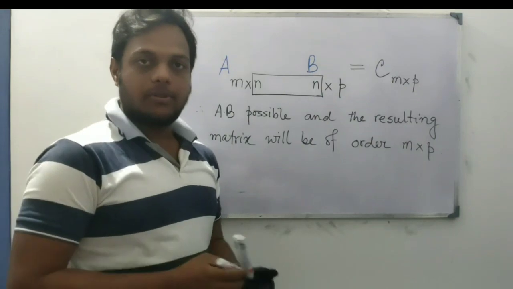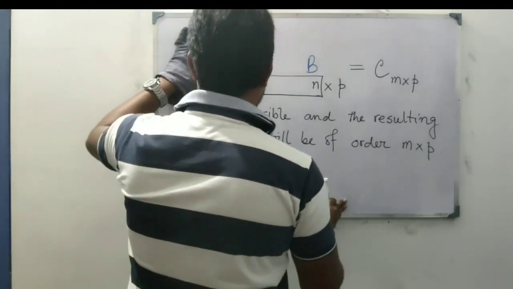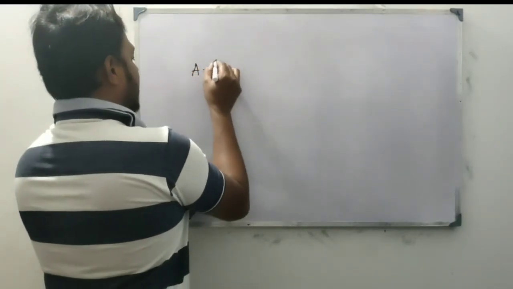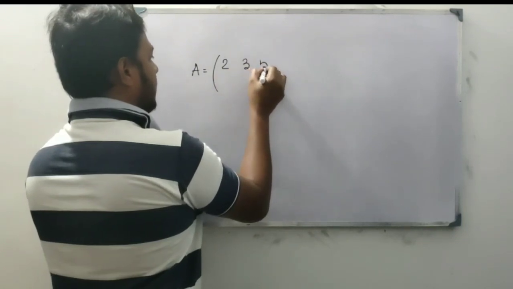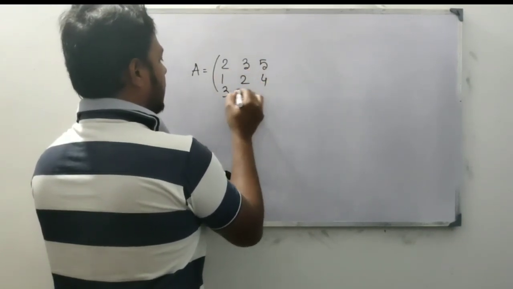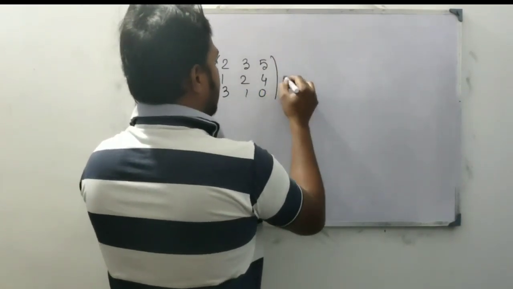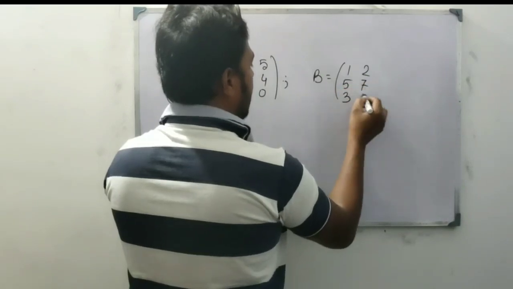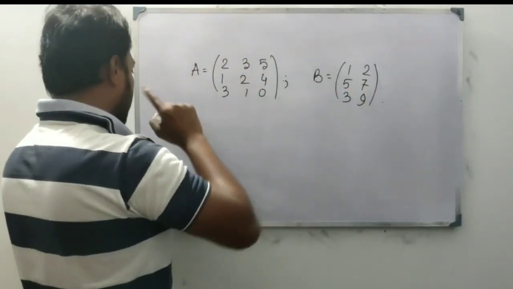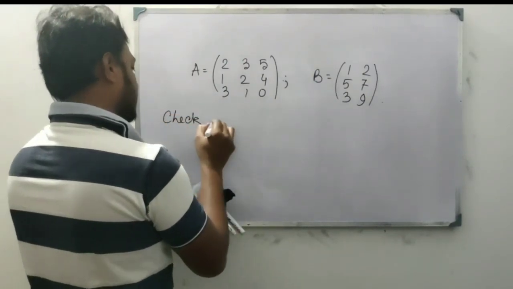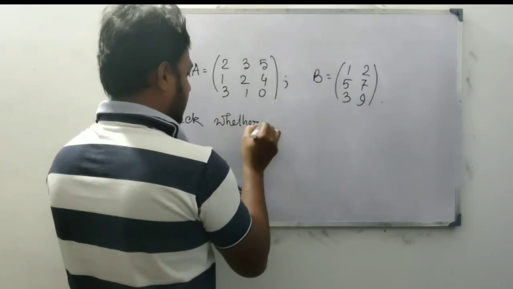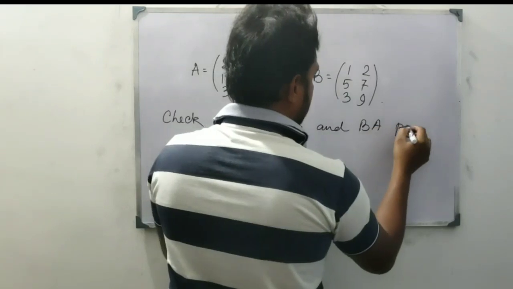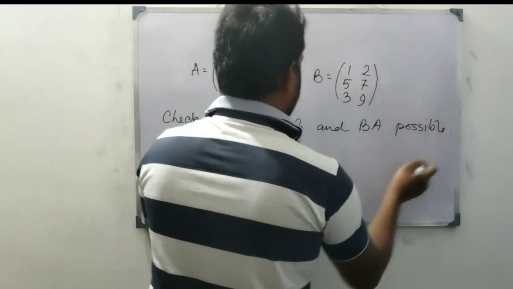Clear? Next, some example. We will check whether matrix multiplication is possible or not. I am considering an example matrix A equals 2, 3, 5, 1, 2, 4, 3, 1, 0. Okay, B is another matrix 1, 2, 5, 7, 3, 9. So now check whether AB and BA are possible.